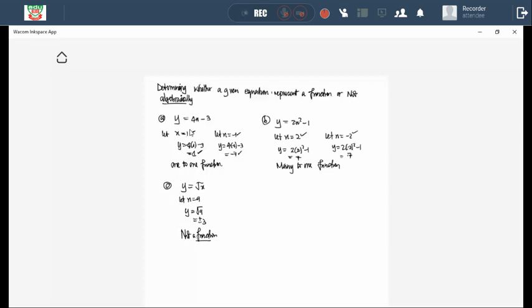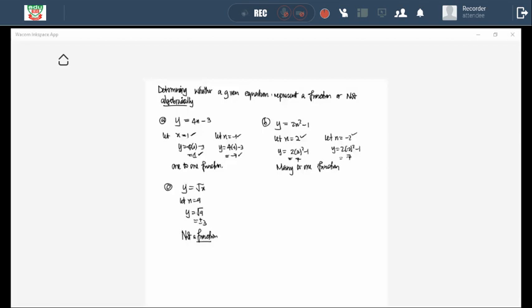Right. So guys, we've managed to go through the first section, which is very, very important on your functions and graphs, just to be able to define what a function is. A function is where at least one element of the domain is associated with a unique element of the range.